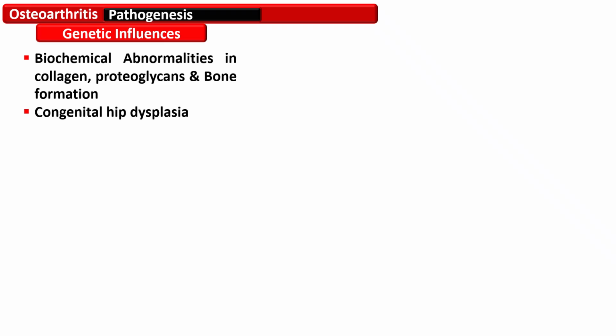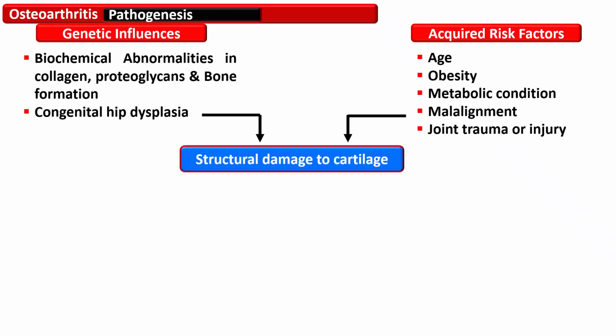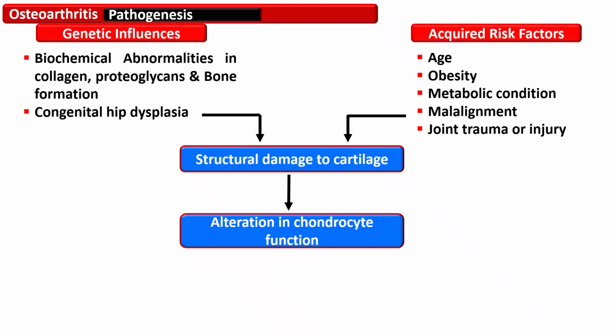Now, if we summarize the pathogenetic events, there are some genetic influences and also some acquired risk factors. The genetic influences are biochemical abnormalities in the collagen, proteoglycan, and bone formation, or abnormalities in the congruity of the joint surfaces, as happens in congenital hip dysplasia.